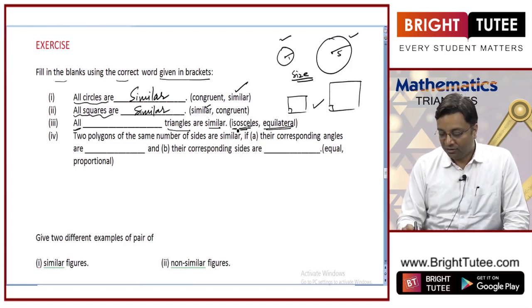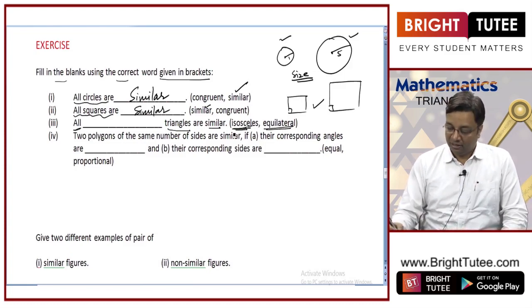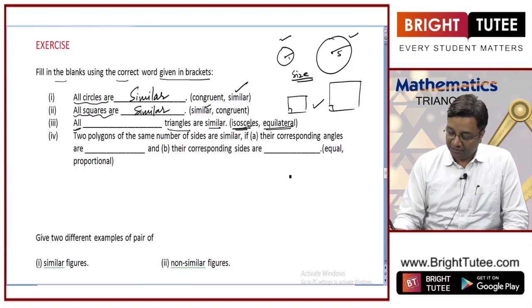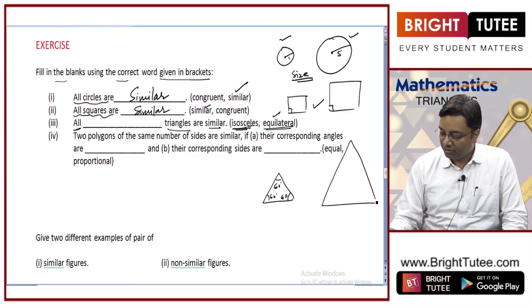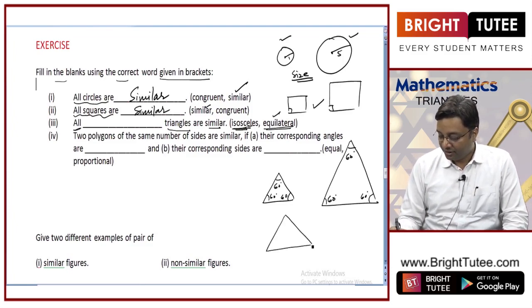In case of isosceles triangles, now what can happen is, all equilateral triangles will have all the angles equal, that is 60, 60, 60. Now, the size may be bigger or smaller, 60, 60, 60, right? But in case of isosceles triangles, you may have 45, 45, 90 triangle, right?